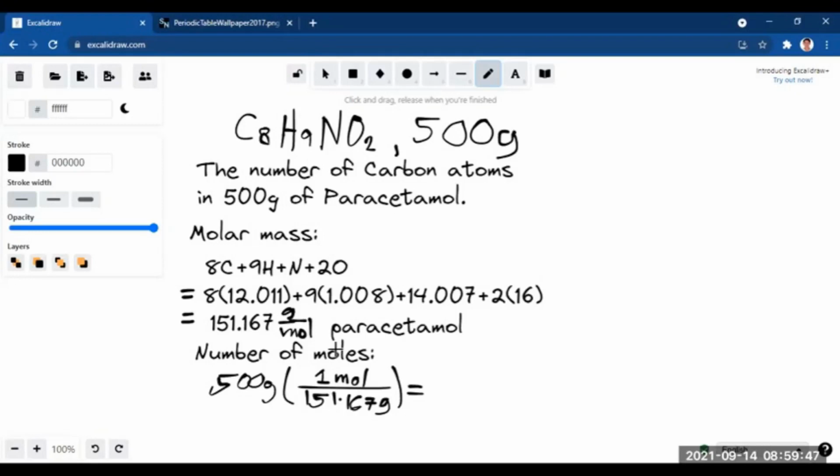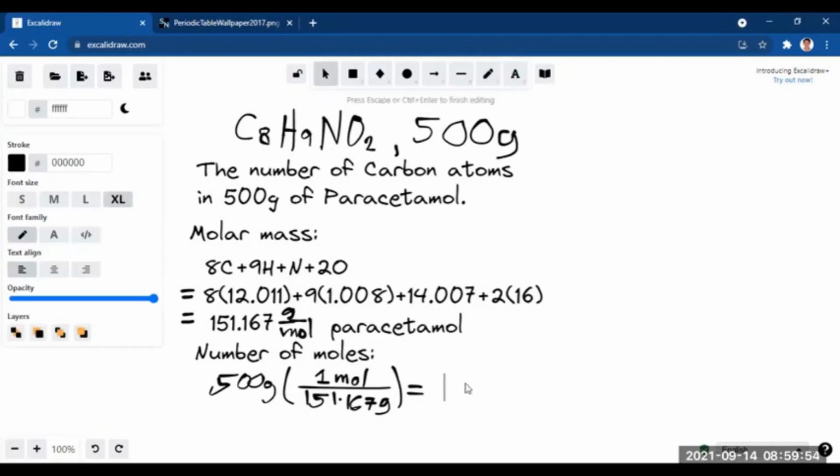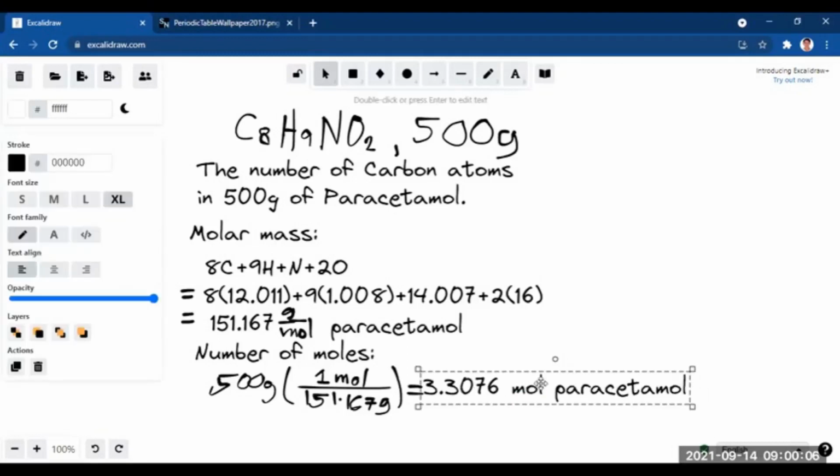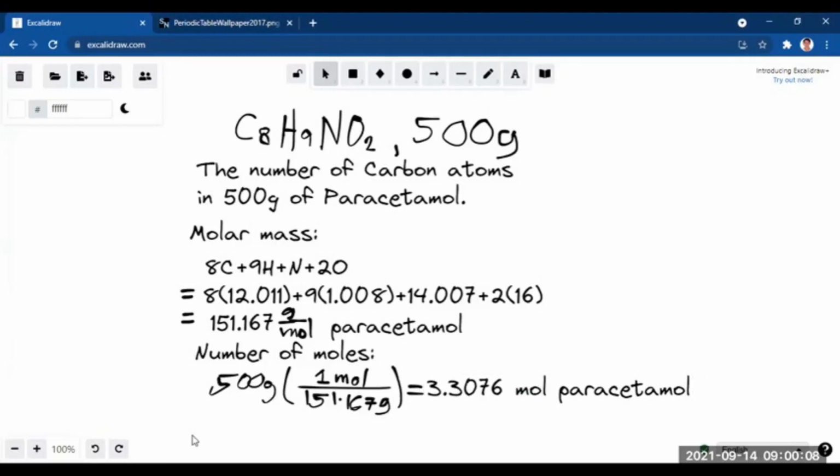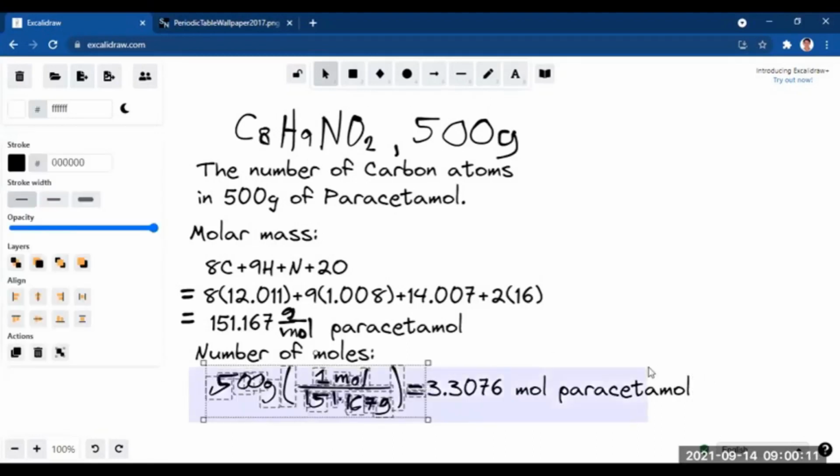We have 3.3076 moles. This is the number of moles in 500 grams of paracetamol.